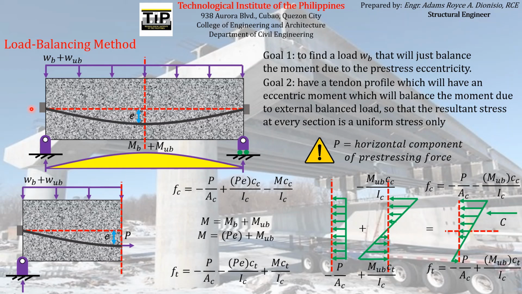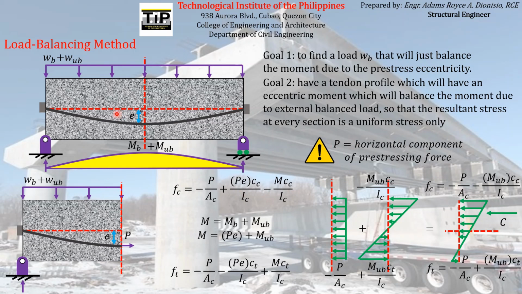But for short span beams, the horizontal component of the pre-stressing force is no longer equal to the pre-stressing force itself. So in those cases, you have to use the horizontal component instead of the pre-stressing force itself. Again, take note of that.